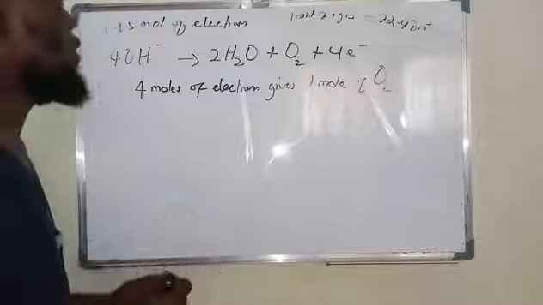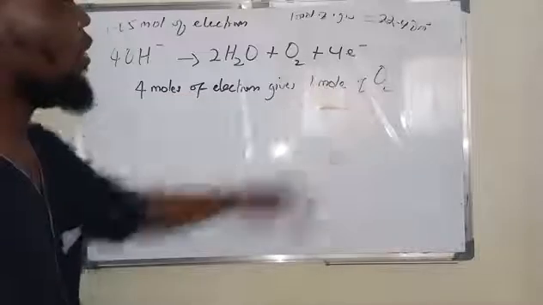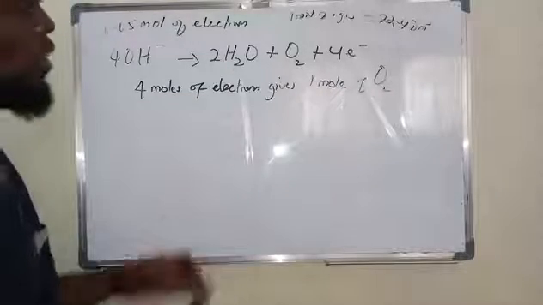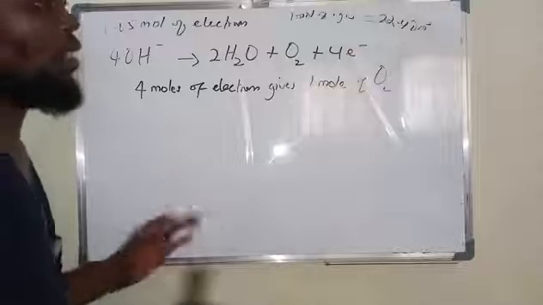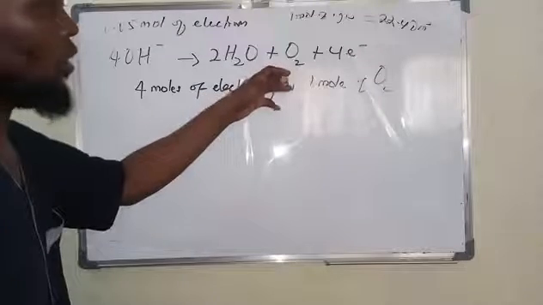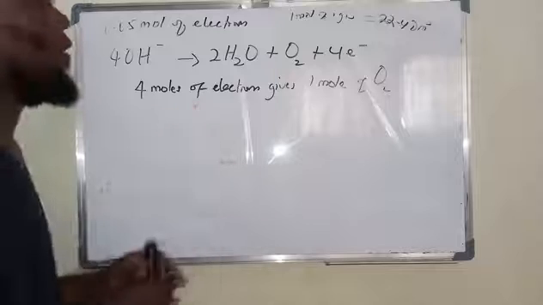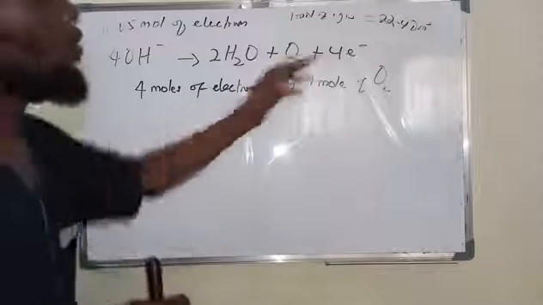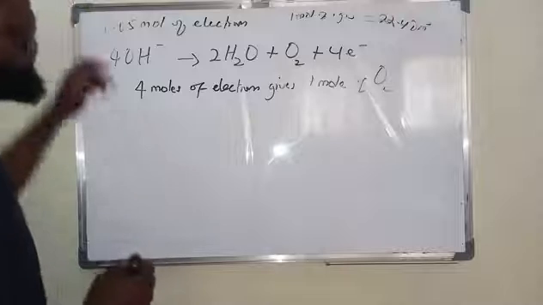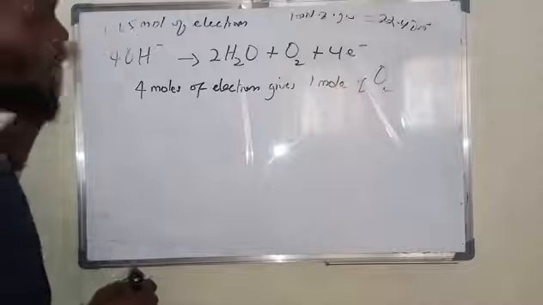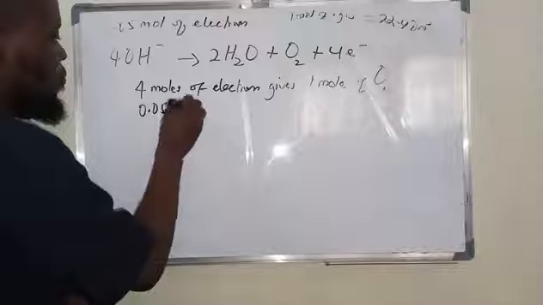Stoichiometrically, for us to get 1 mole of oxygen from the discharge of hydroxide, we need 4 moles of electrons involved. But the number of moles of electrons supplied is 0.05 moles.